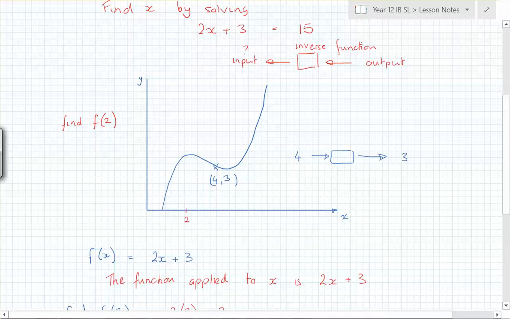So I pick 2, I would read up, find that point, and then read across, and that would be f of 2. Okay. If I said to you, solve f of x equals 6, Evgeny, what would you do? Using the graph.